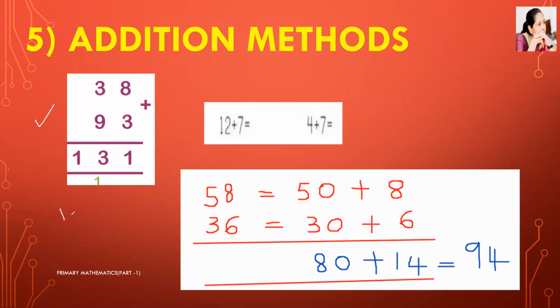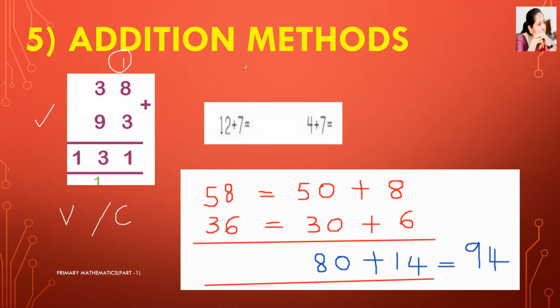Normally this vertical or column method is much easier than the other methods because you write one under the other. It's very visible for you to identify. So if you are in primary grades, normally teachers suggest using this vertical or column method. So this is the first method.